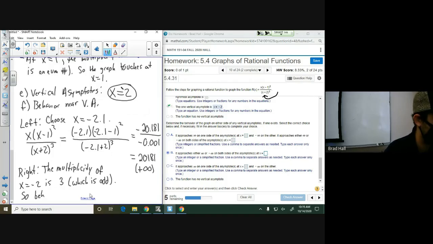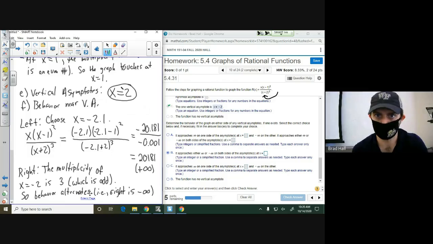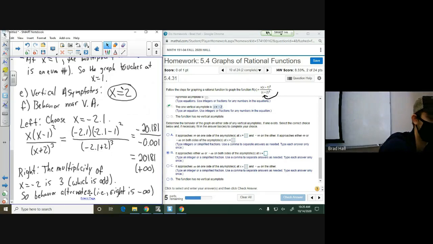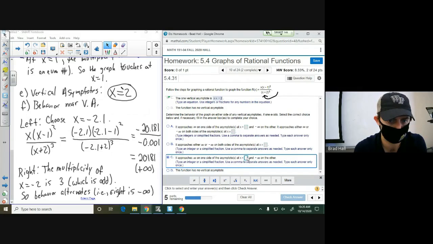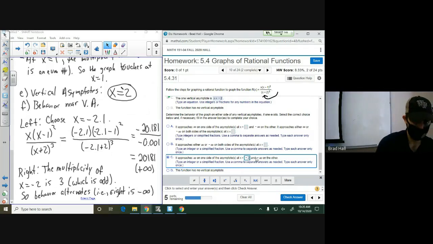So behavior alternates. That is, right is negative infinity. So positive infinity alternates to negative infinity. That's why I'm going to pick answer choice C, which says that it approaches infinity on one side and negative infinity on the other, as in the infinities alternate. So that's at -2.